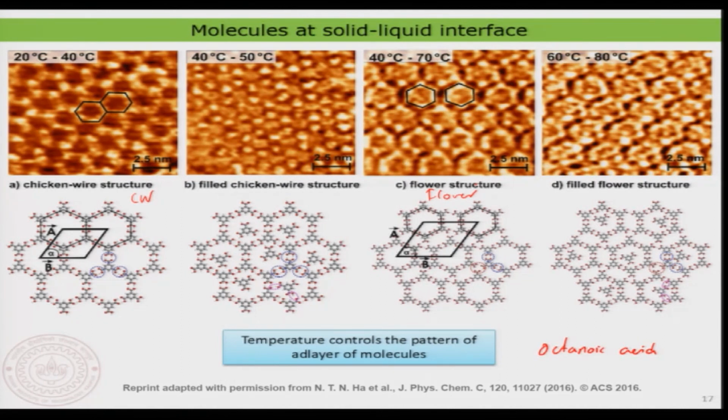So, finally, what I want to say is that when you do the solid liquid interface, it is not just the geometry or the shape of the molecule that matters, it also matters the concentration, the solvent in which you are imaging the molecule, or the temperature at which you are imaging the molecule.